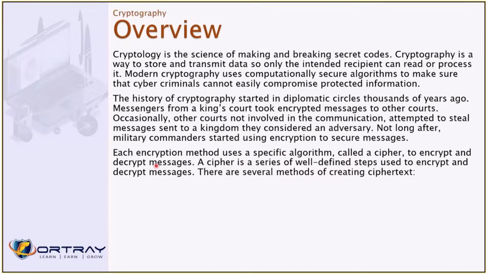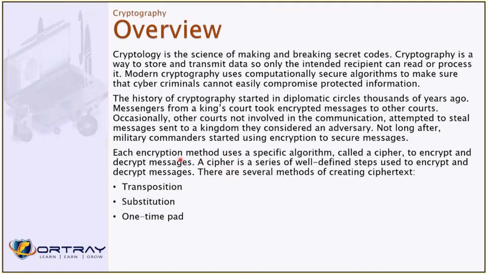Each encryption method uses a specific algorithm called a cipher to encrypt and decrypt the message. A cipher is a series of well-defined steps used to encrypt and decrypt the message. There are several ciphers: transposition, substitution, and one-time pad. Whatever algorithm you're using is called a cipher.